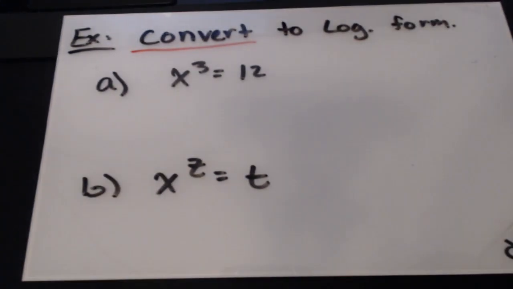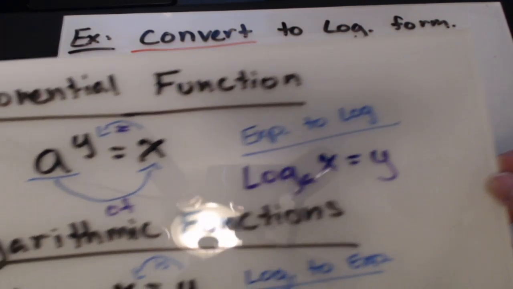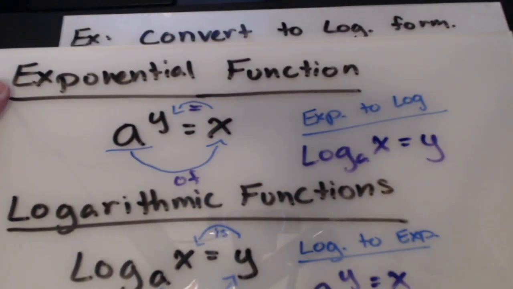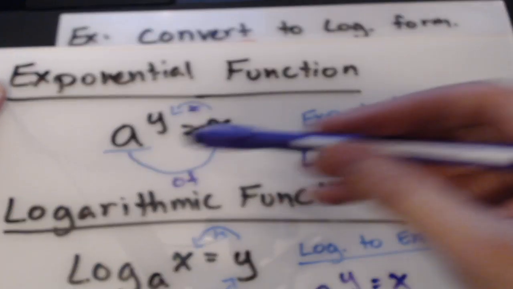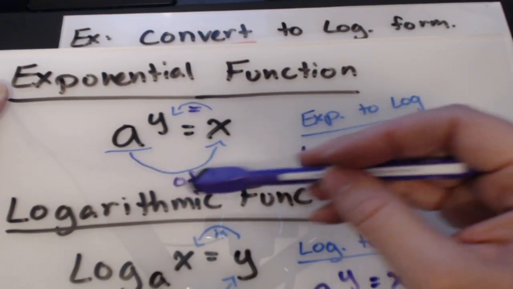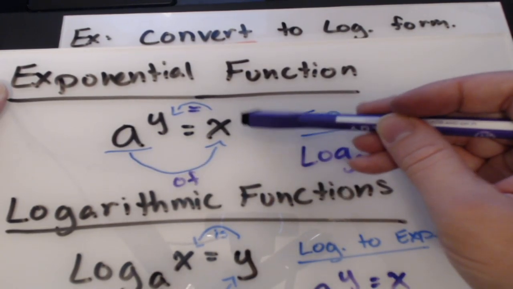All right, if they say convert, that means all they want you to do is change this exponential function to logarithmic. Going back in time, that means we take our base, log base, of the value on the other side of the equals, and then equals the exponent.